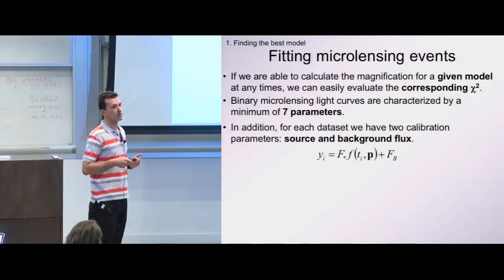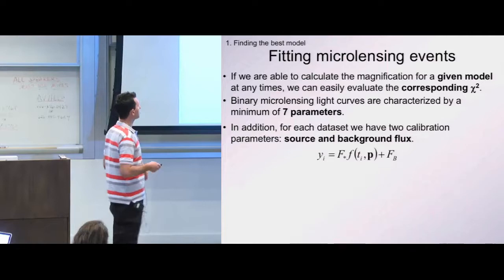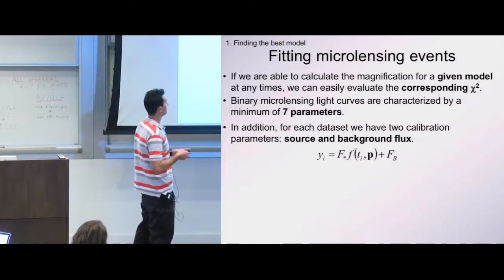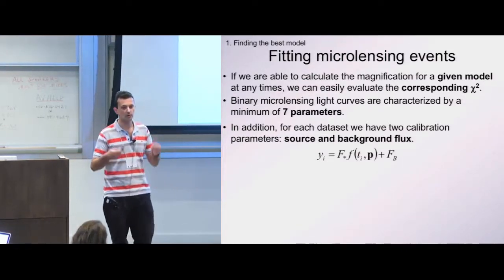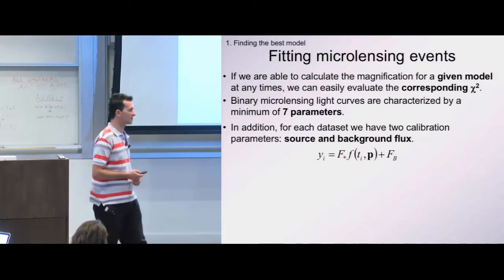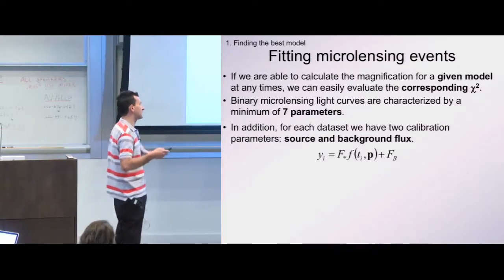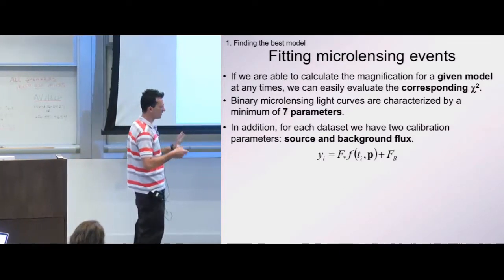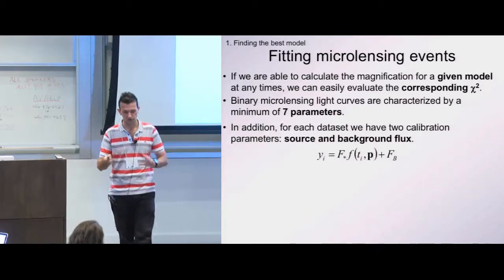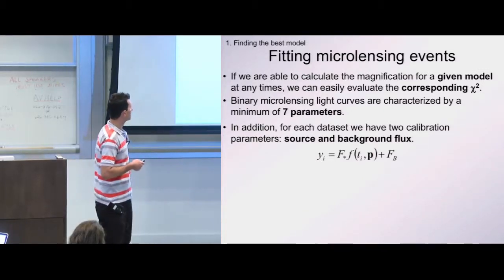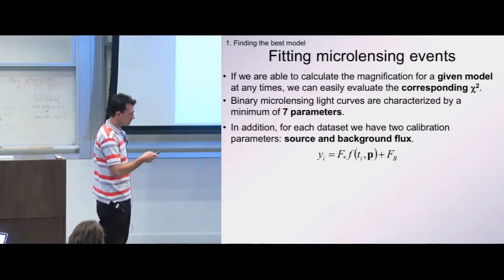In addition to these 7 parameters, as Scott said, actually we also have the source and background flux for all the telescopes participating in the observations, because these data sets typically are uncalibrated. Even if they are calibrated, of course, you don't know what part of the flux is in the source and what part is in the blend. So in principle, you also have 2 more parameters for each telescope, but luckily they come linearly.